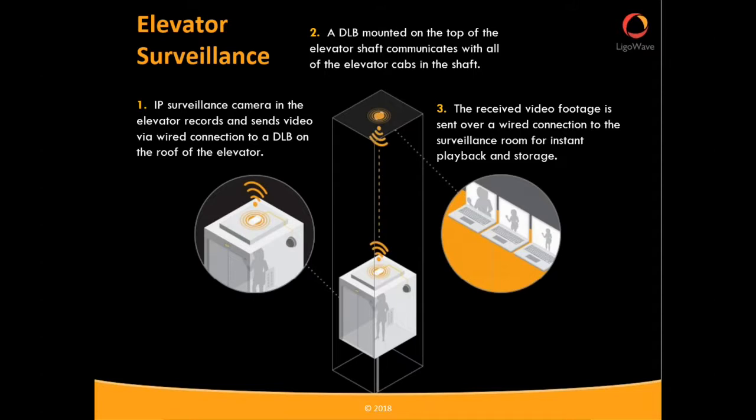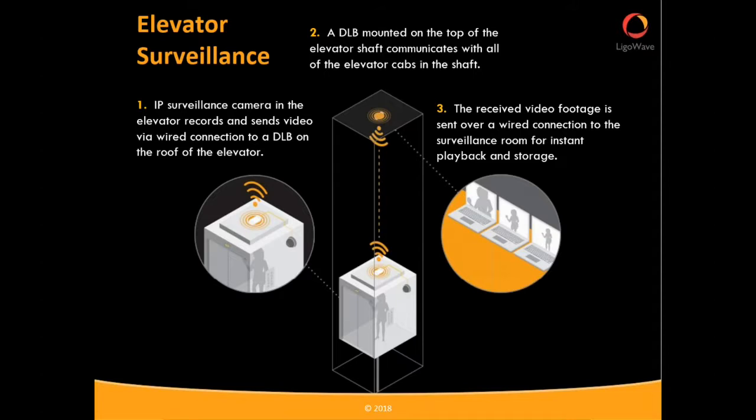But this is also a very good application for doing wirelessly, because the wireless link will actually adjust as the elevator cab moves up and down the elevator shaft. Obviously, the length of your link is changing, but that's fine, and the link will dynamically adjust for the fact that it's actually moving over the course of time.